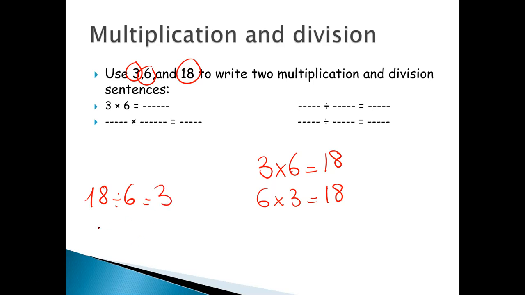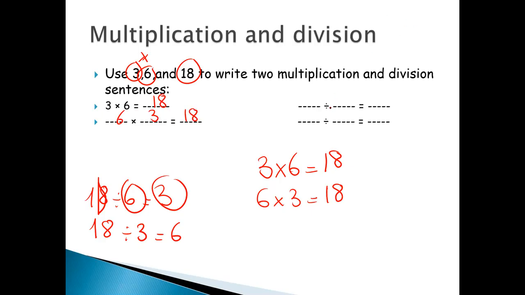It will be 3. But if we want to divide 18 by 3, which number in table 3 gives us 18? It is 6.